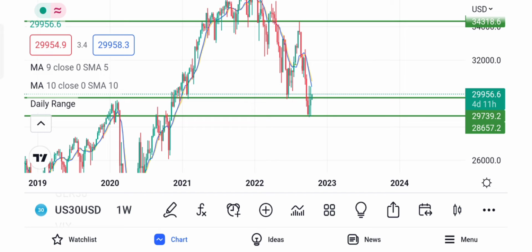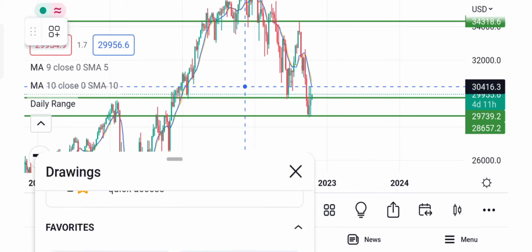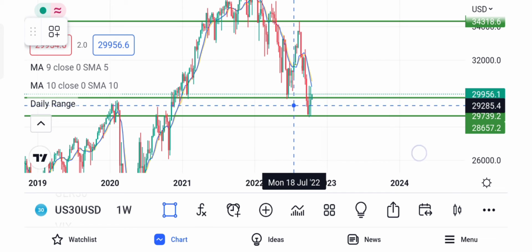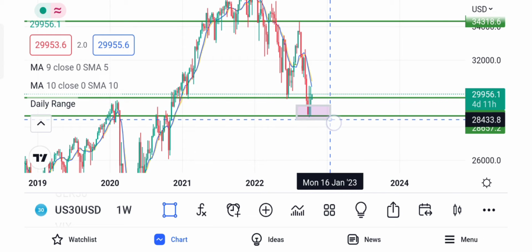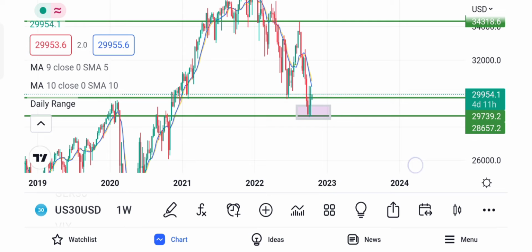As you can see right here, when we broke, we came right here and grabbed liquidity to the downside. And when we grabbed it, we broke our mid zone. So now we're going up and we broke our mid zone to the upside. This tells you a lot of things. But don't worry about the liquidity grab stuff. I was just adding more information.